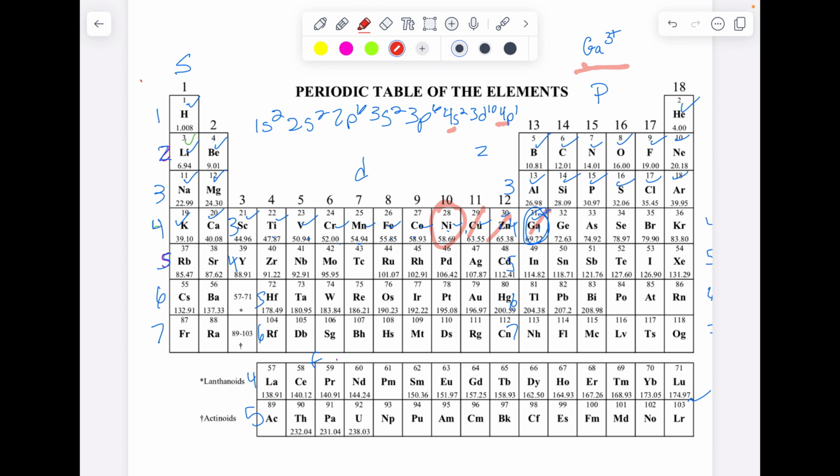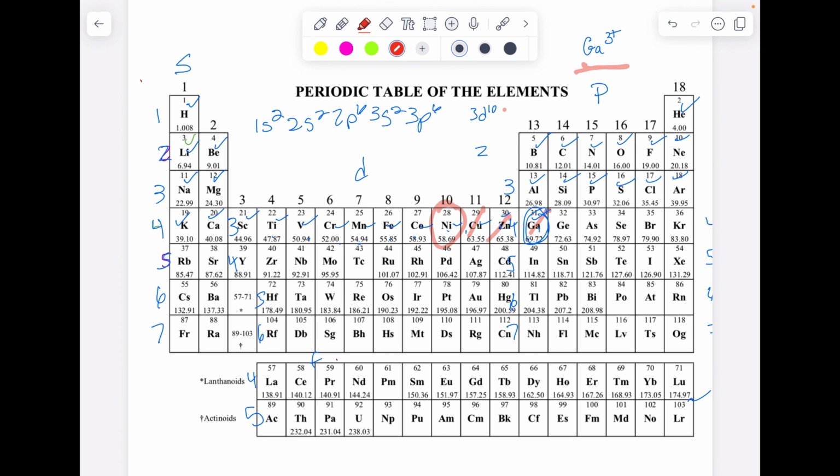So we need to remove 3 electrons. We're going to remove it from 4p1. So that's 1 electron. And then 4s2, because 4s is higher than 3d. It doesn't want to erase. Okay.